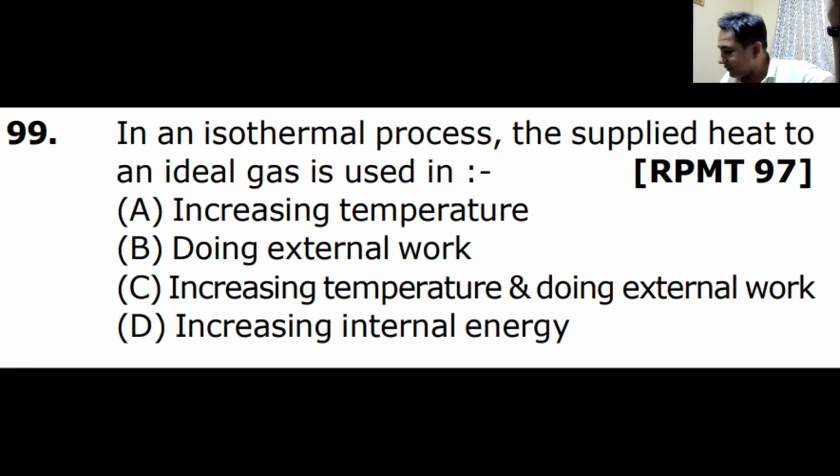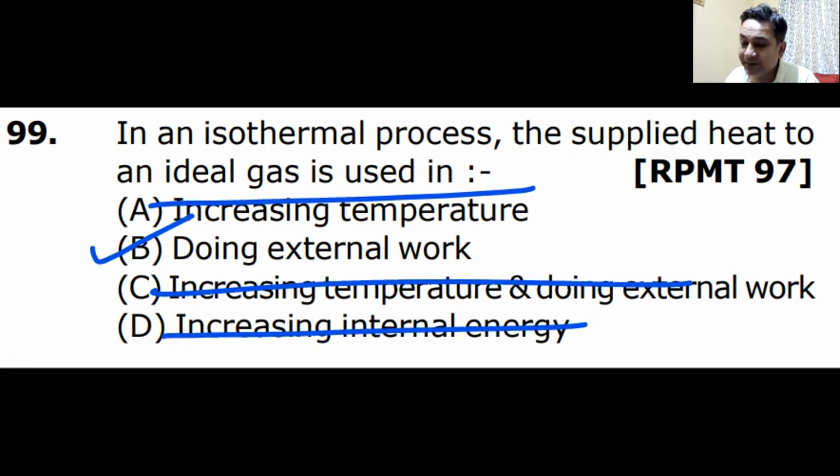I don't see your hands, so I cannot tell you. 1, 2, 3, 4. It's an isothermal process, so temperature cannot change. So this goes away, this goes away, this goes away. The only possible option is B, and that is the correct answer. If you got it correctly, then from -10 you have moved to -6.